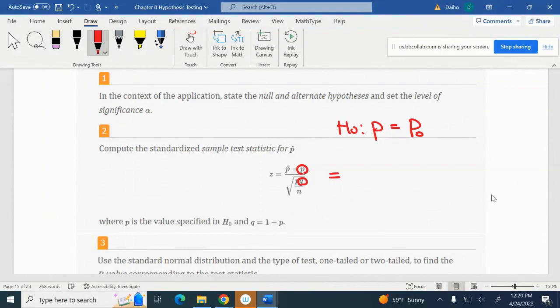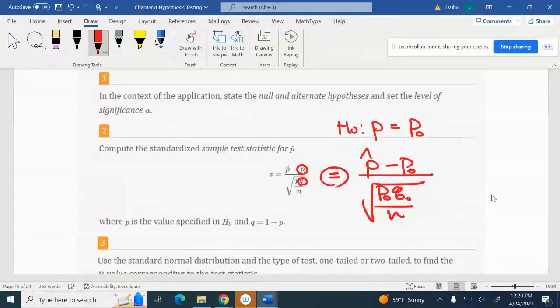So it doesn't matter whether it's P or P0, Q0, they will be the same, because we take the test statistic under the null hypothesis. In the null, P and P0 are the same, so the left-hand side with P and the right-hand side with P0 will now be the same.